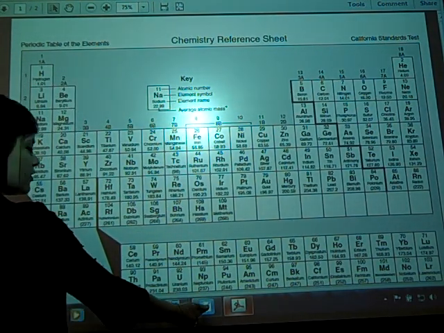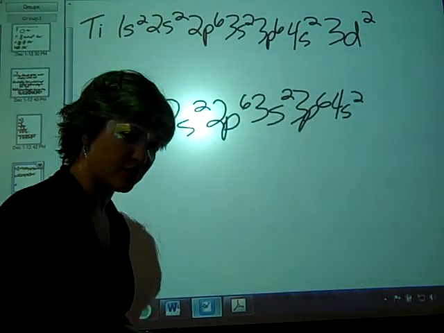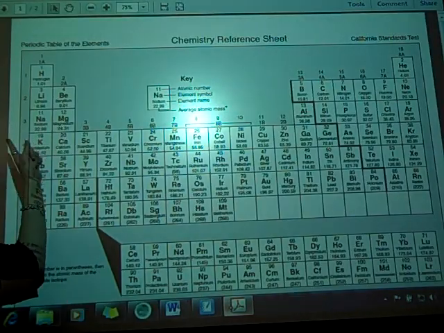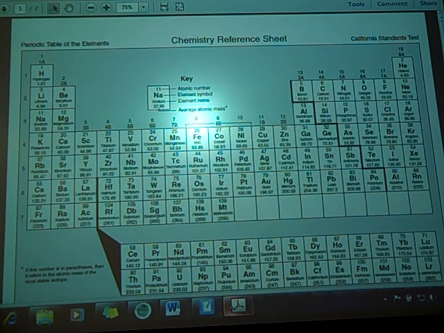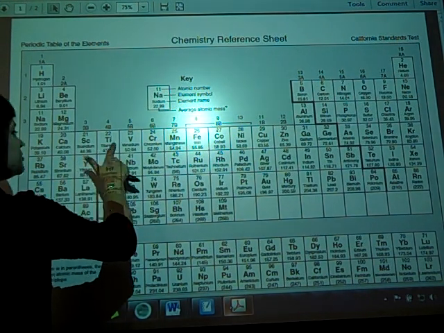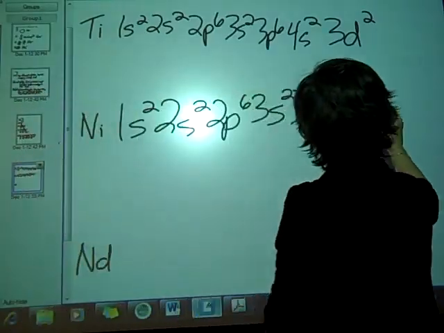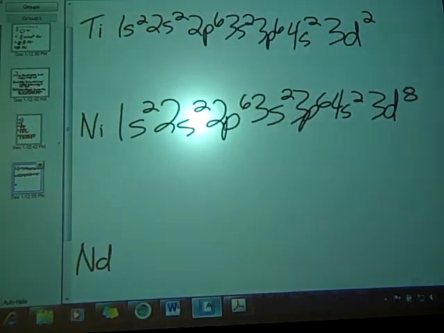Wraps around to 4s. 2 electrons in the 4s. After 4s comes 3d. D's drop 1. How many do we have in that 3d? 1, 2, 3, 4, 5, 6, 7, 8. 3d8.